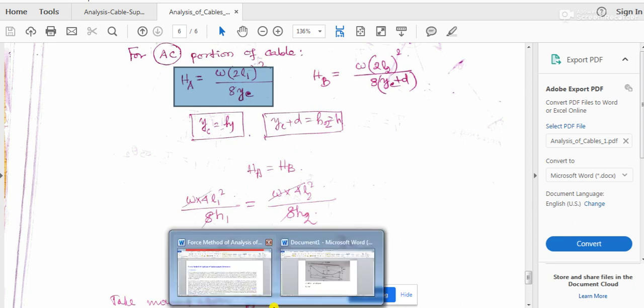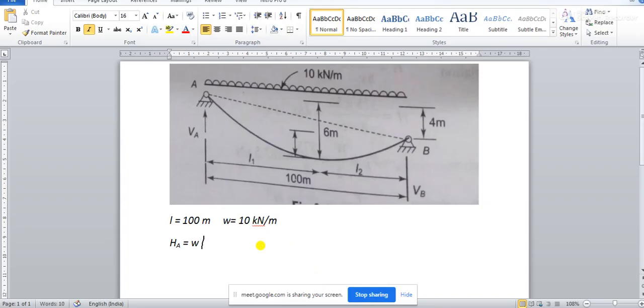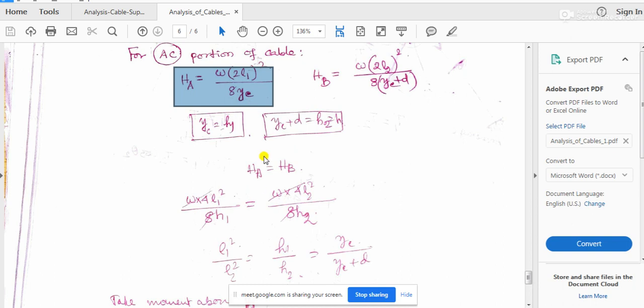So W into 2L1 squared, and then you will have to divide it by 8YC.